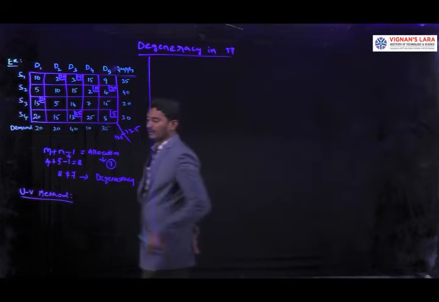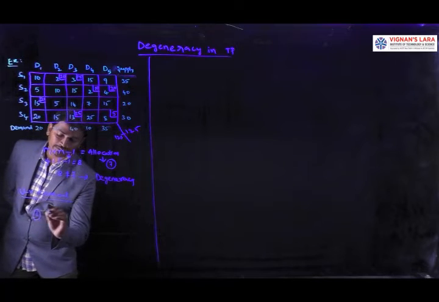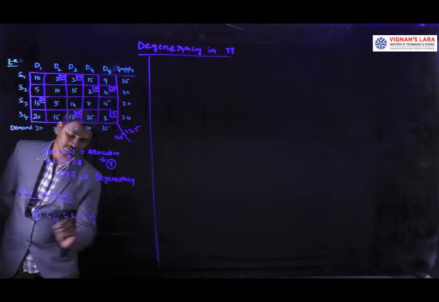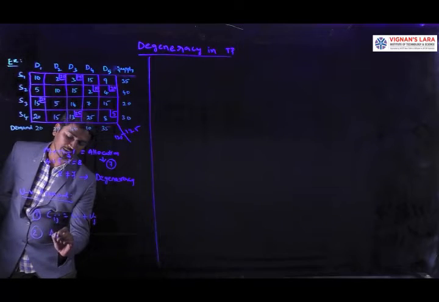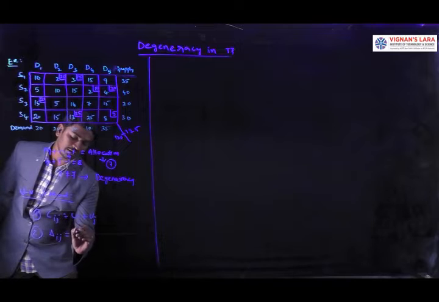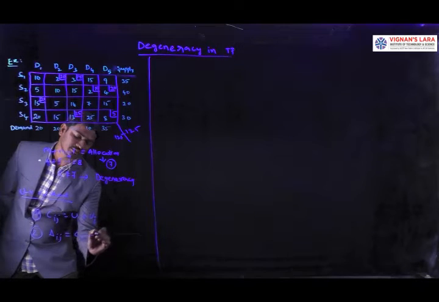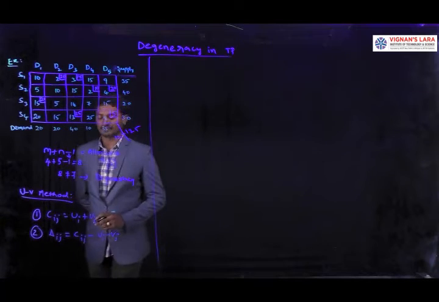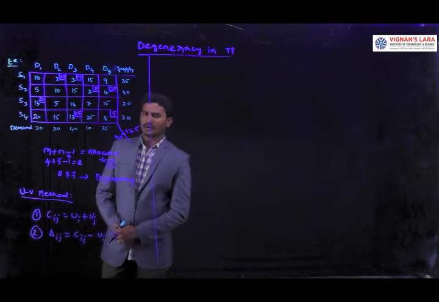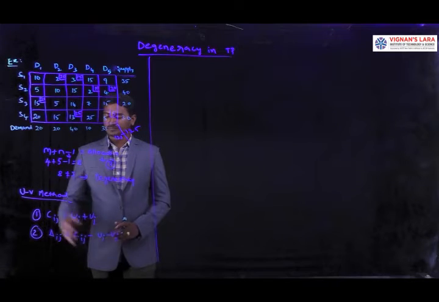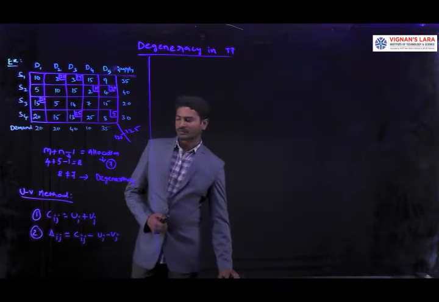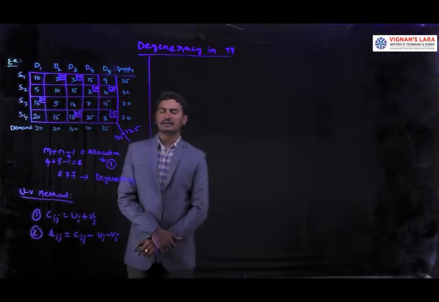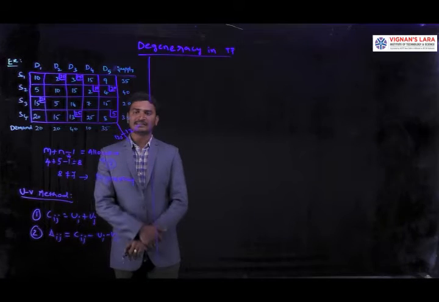In UV we have to calculate the Cij for allocated cells, and we have to check the delta ij for unallocated cells. While calculating, we check for degeneracy and non-degeneracy.